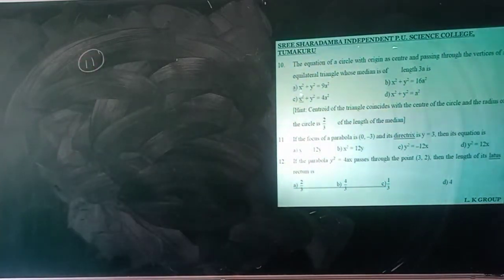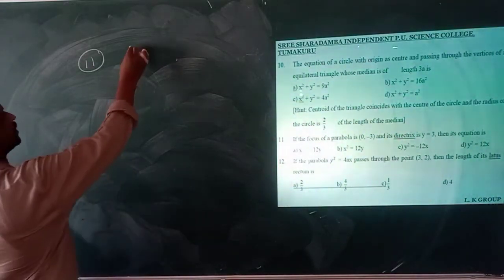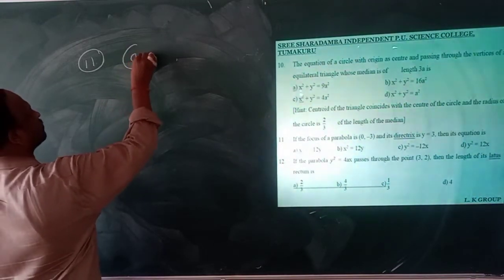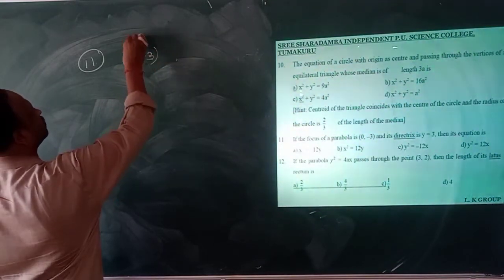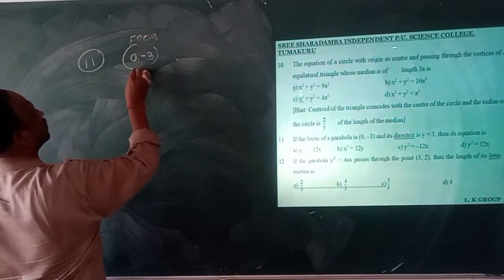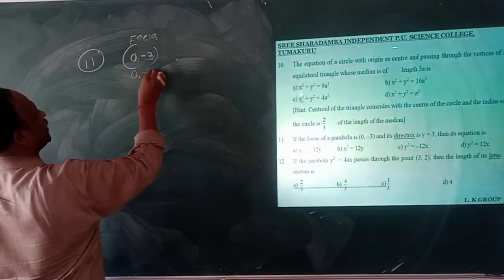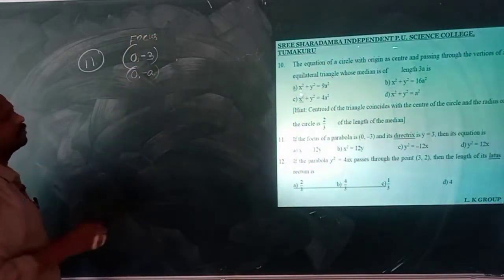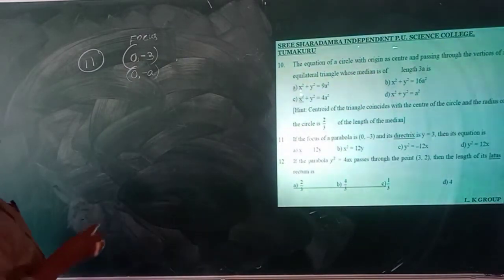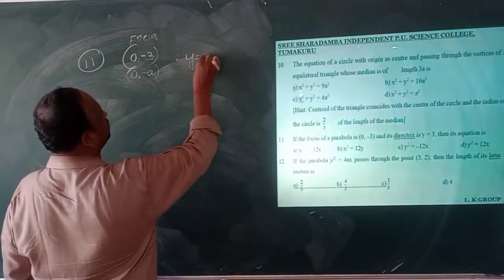Question number 11. If the focus of the parabola is (0, minus 3) and directrix y is equal to 3.